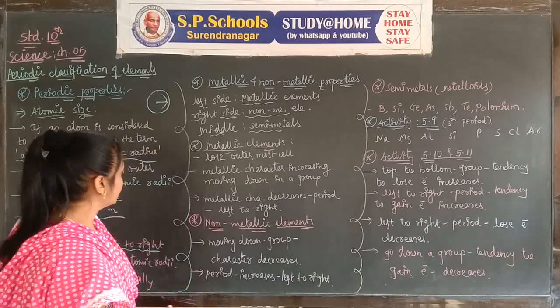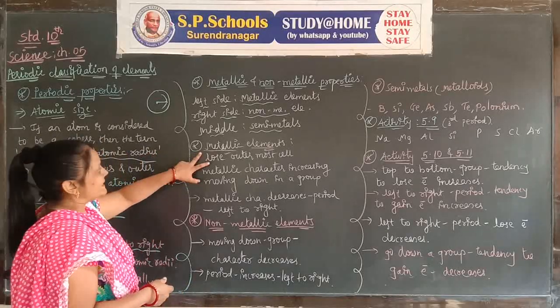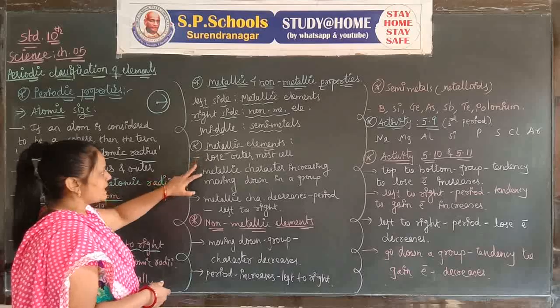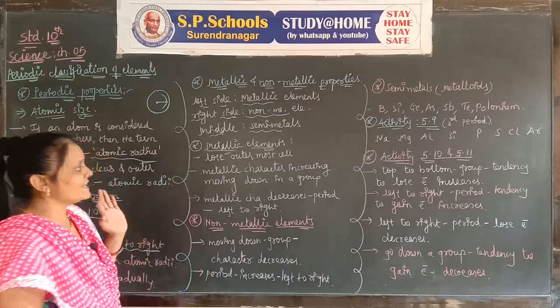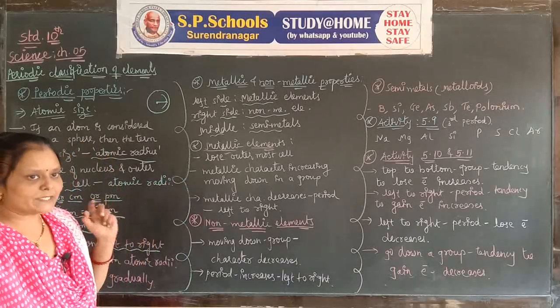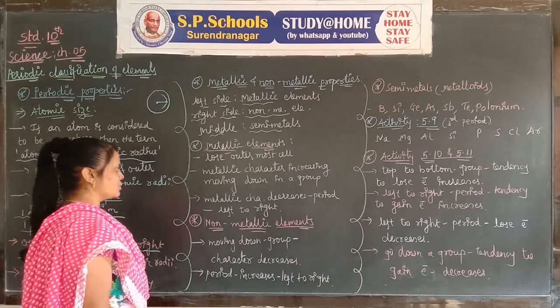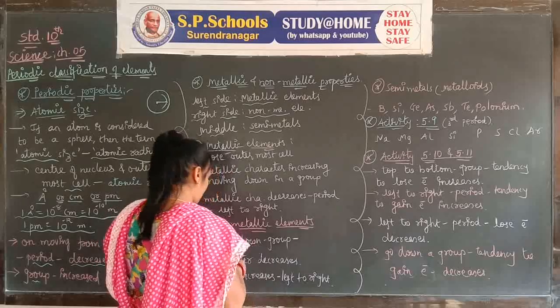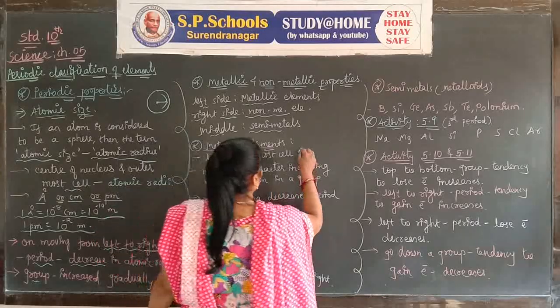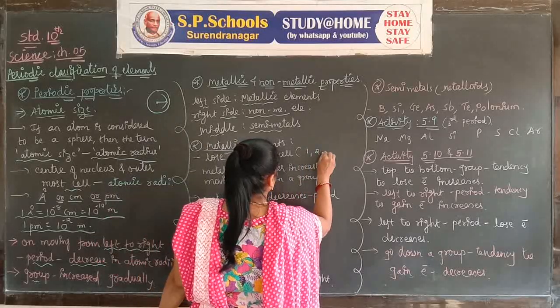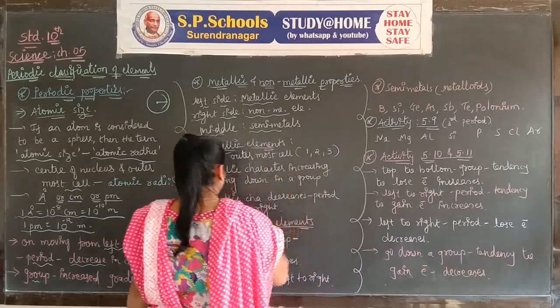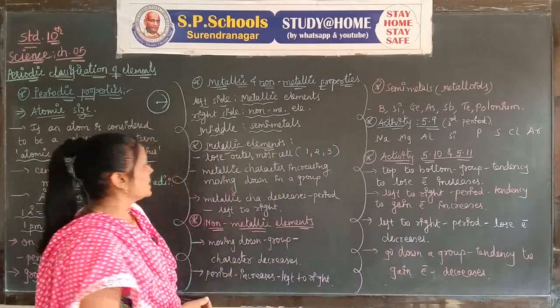Let's go further. Metallic elements have the capacity to lose outermost shell electrons, so they have 1, 2, or 3 electrons in the outermost shell, and they lose them.